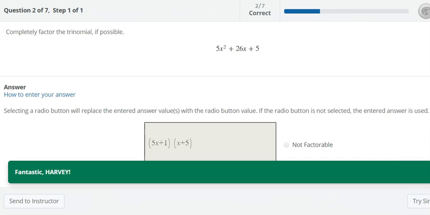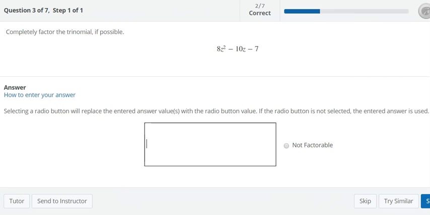Now remember, you can try these on your own first if you like. All right, let's take a look at this one. Again, inspection is part of the process. So 8, no common factors, it's in standard form. 2 sets of parentheses. So what do we know?